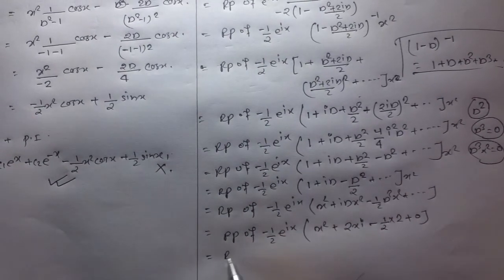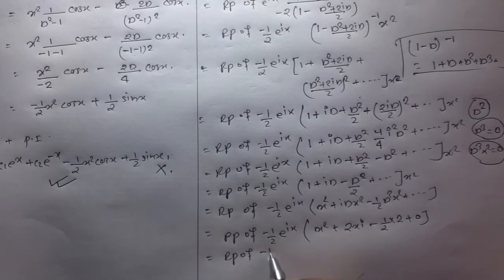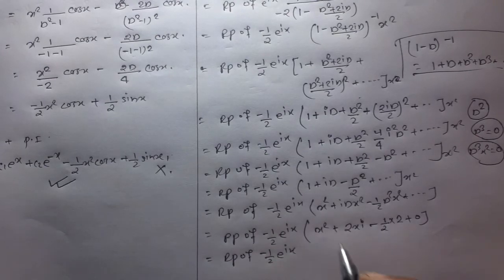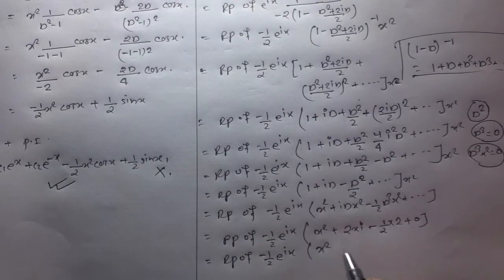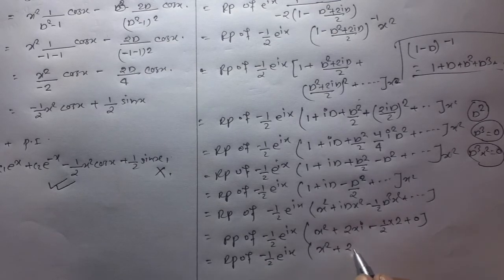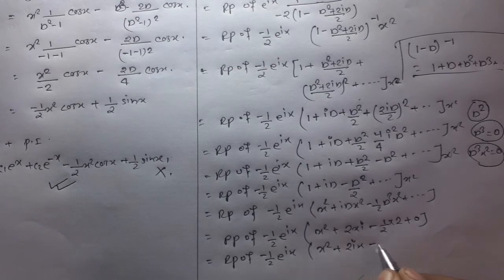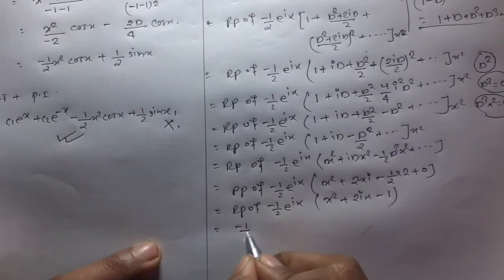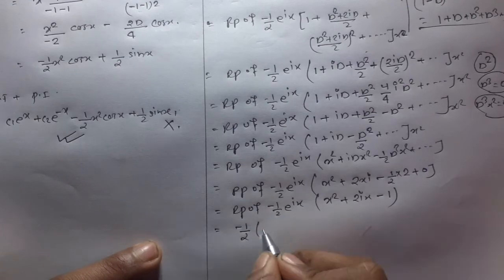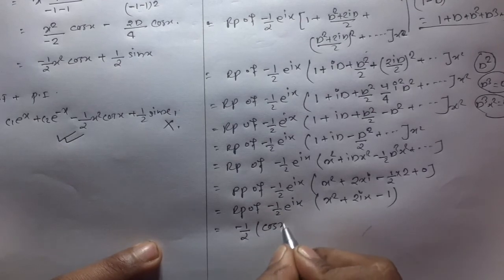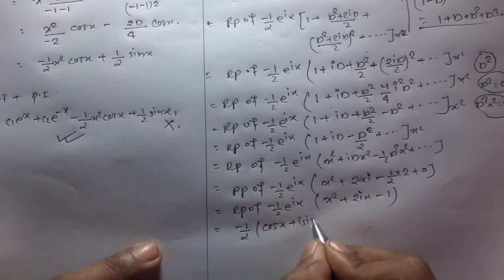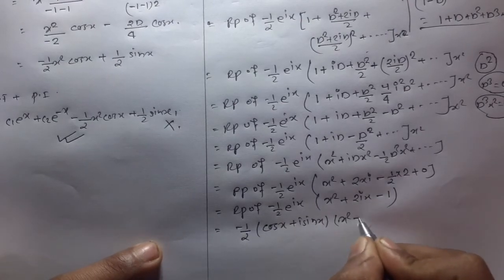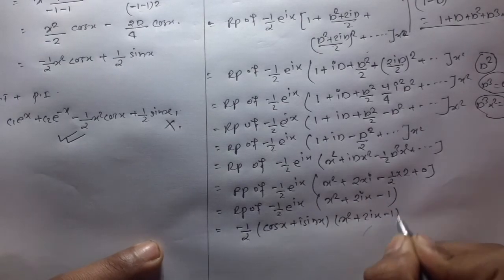So this is the real part of −1/2 e^(ix) [x² + 2ix − 1]. That is, −1/2 (cos x + i sin x)(x² + 2ix − 1).